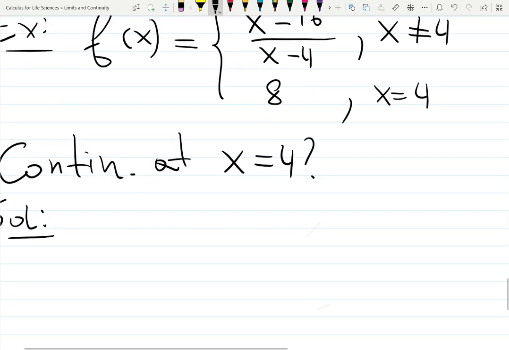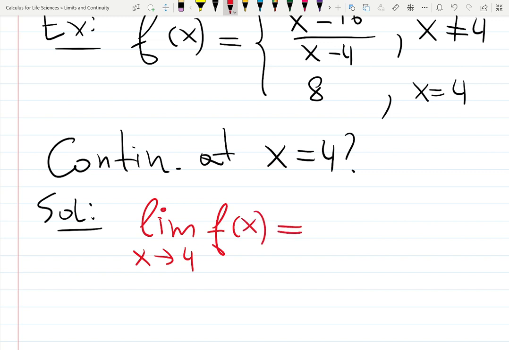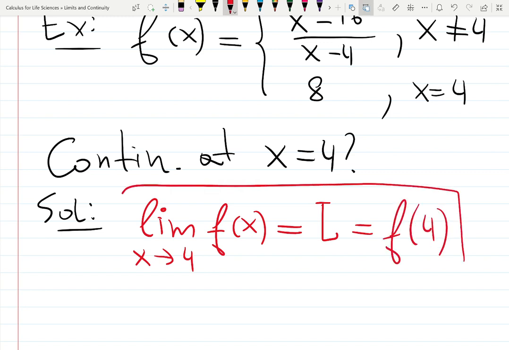Continuity had a definition. The definition for continuity said we need to have a limit as x approaches 4 of this function f of x. And not only should this limit exist and be equal to a finite number like pi or 3.7 or whatever it is, but this is not enough. It also should be equal to f at 4. Then there will be no hole.